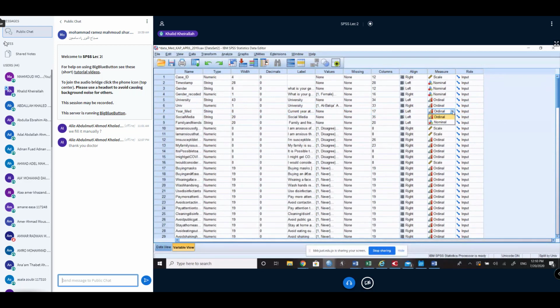So medical students could be assigned a value, and the value is considered to be ordinal. It has an actual numeric value within it, okay? Just like education: primary education, secondary education, tertiary education. At times it doesn't have numbers, but we know that no education is going to be the lowest.